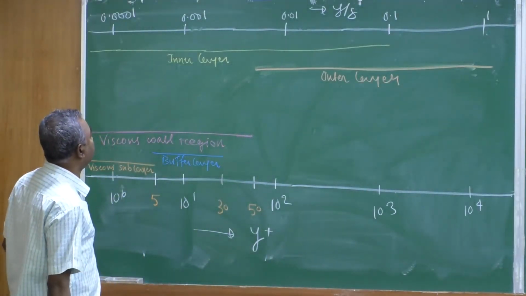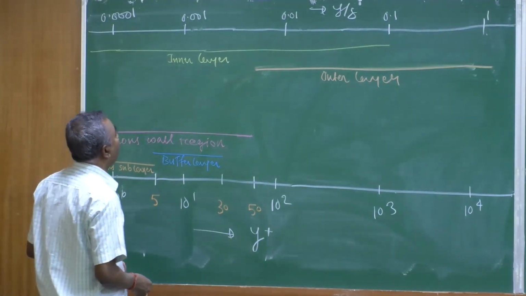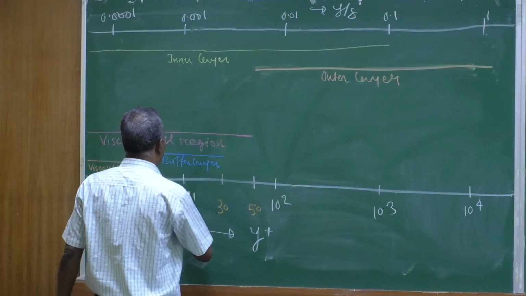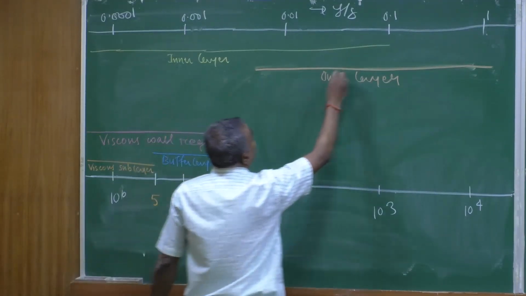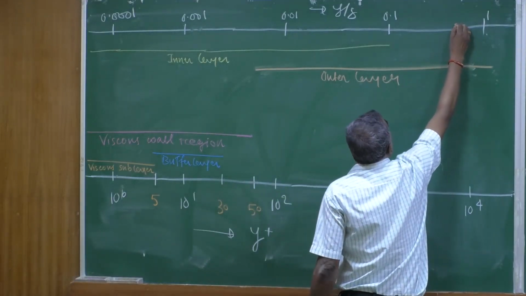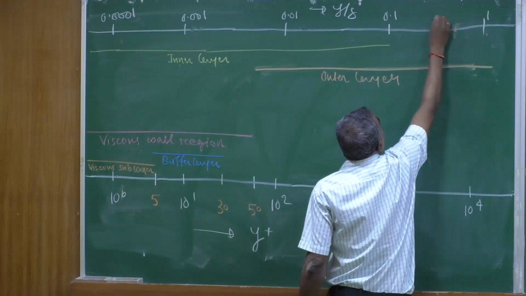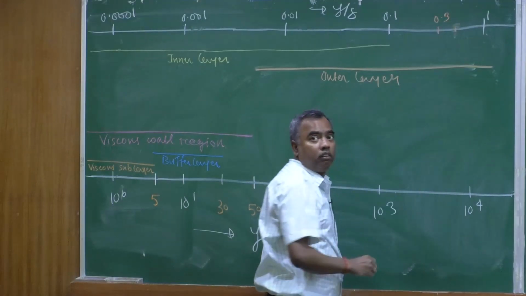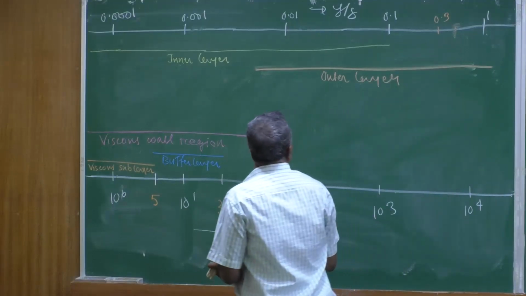So, we have the outer layer, the inner layer, and then the log layer. The log layer holds good till y by delta 0.3.